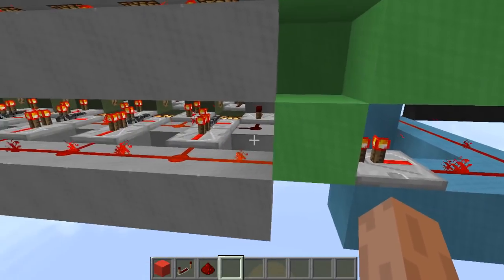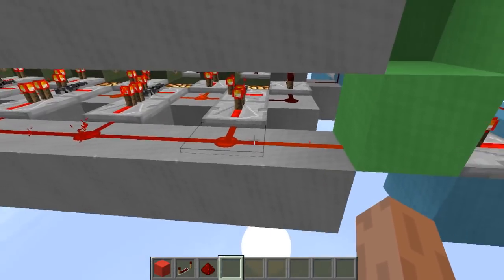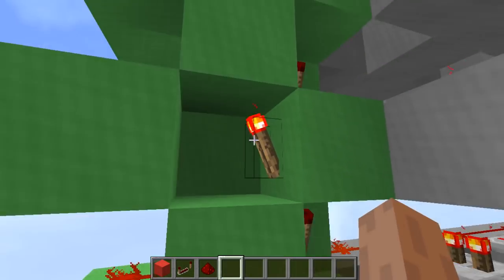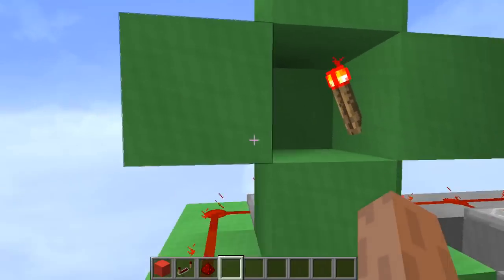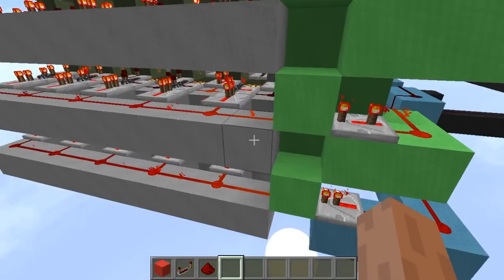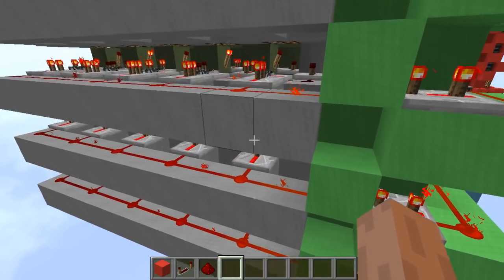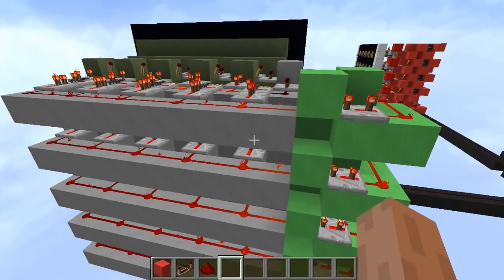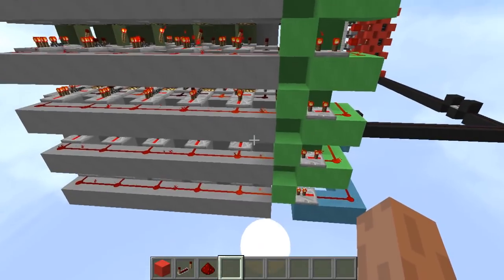So any data coming in will be ignored by this line. And using the same principle with the torches, torch up, torch up, torch up, we now do the same thing here. Unlock for 5 ticks, lock back again. Unlock for 5 ticks, lock back again. And this is what gives the animation that you see on the screen when the image is being formed.